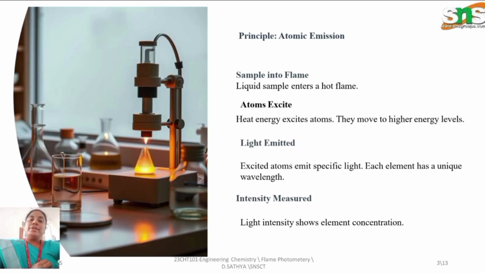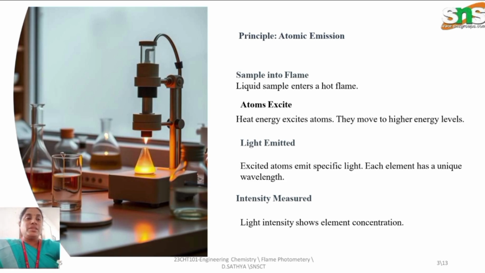So what is the principle of flame photometry? Simply, it is atomic emission. Already we have discussed absorption and emission. Absorption means the solution absorbs light, so the electrons jump from the ground state to the excited state. In emission, the electrons jump from the excited state back to the ground state.